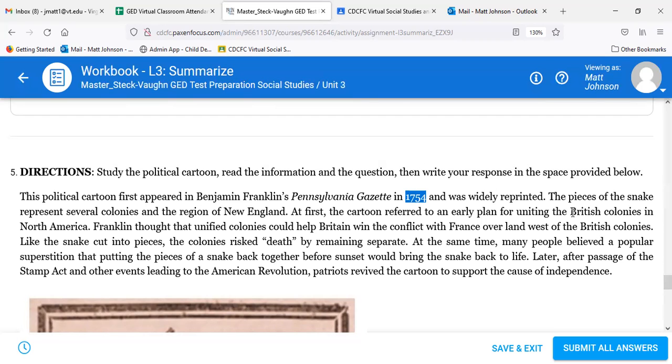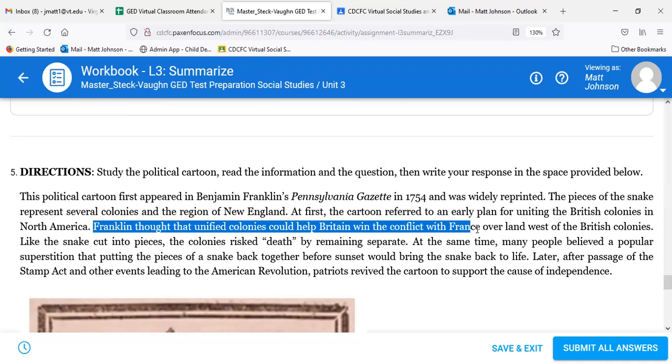British colonies, so the pieces of the snake represent several colonies of the region. Franklin thought that unified colonies could help Britain win the conflict with France over land west of the British colonies. We're talking about the Seven Years' War, or the French and Indian War, as is more commonly known here. The Seven Years' War applies to the larger global war between France and Britain at the time. So you've got to remember.